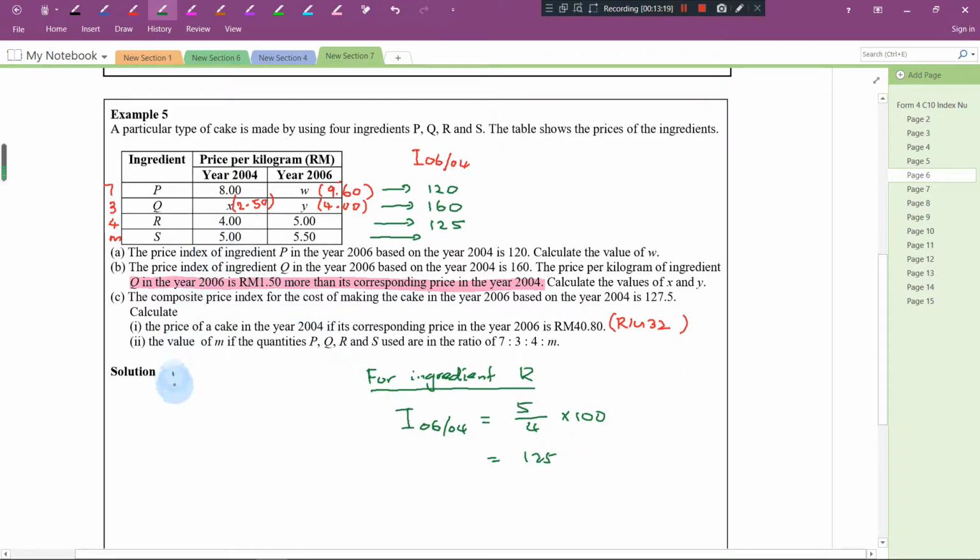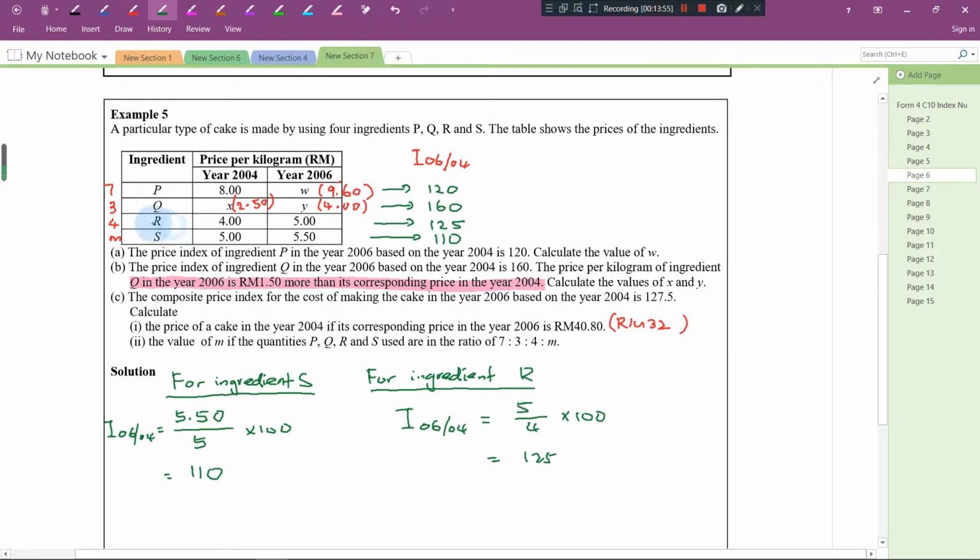Now we go to ingredient S, 5.5 over 5 times 100. Definitely we know it will be more than 100, right? Because it increased. You will get 110. It means that it increases 10%.